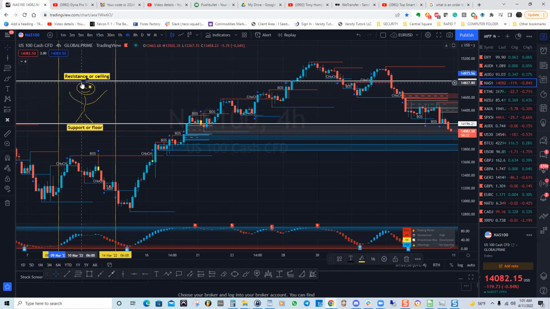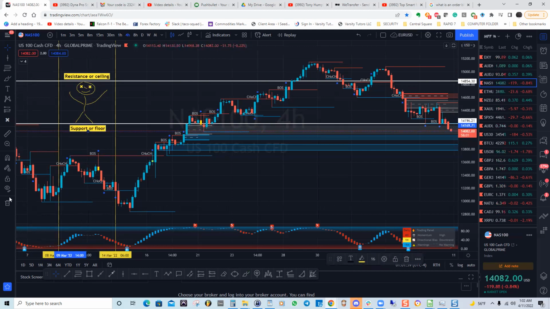So he's at this resistance and support and floor. So this FVG, again, is a special type of support and resistance zone. Since we have this here, we get the resistance and ceiling and support and floor.